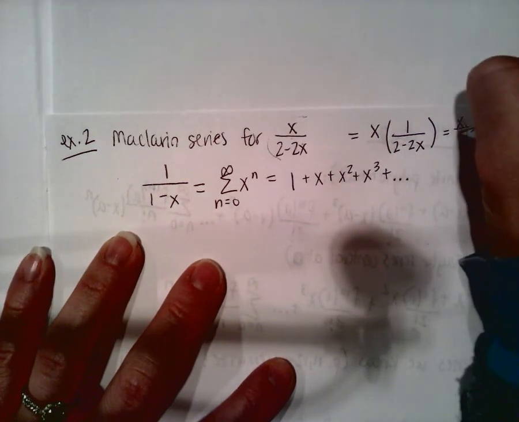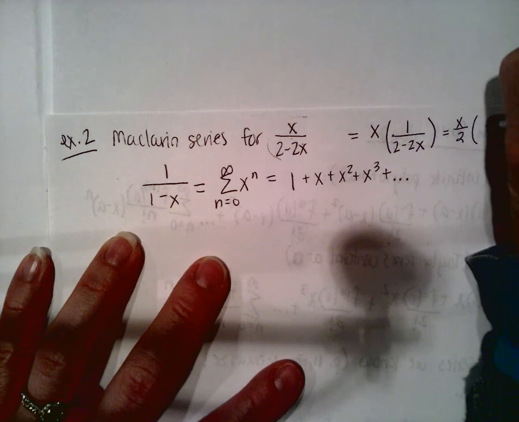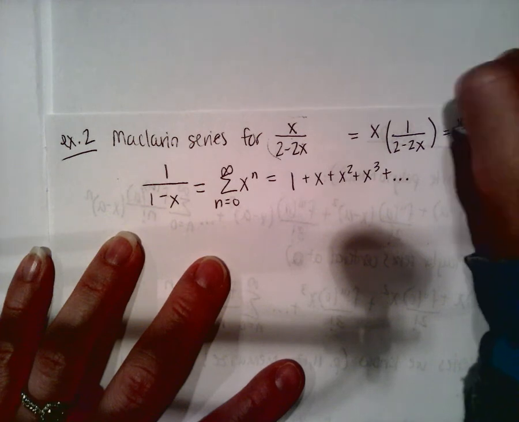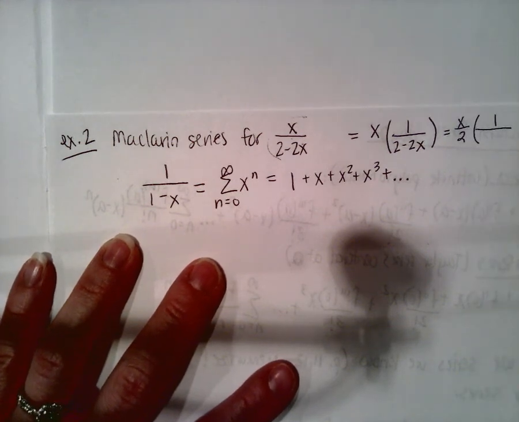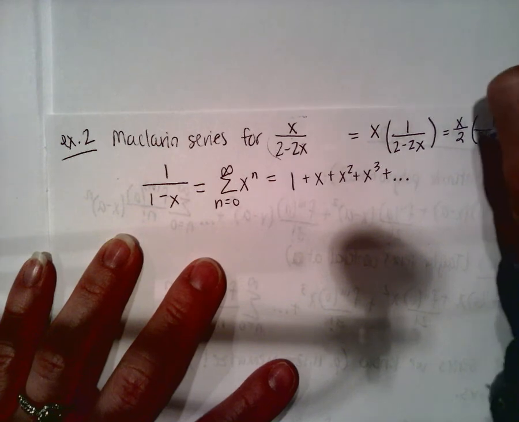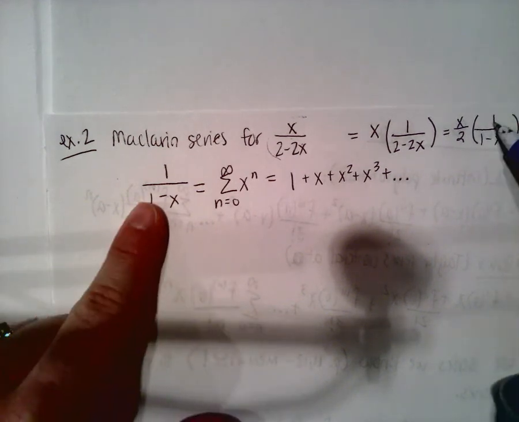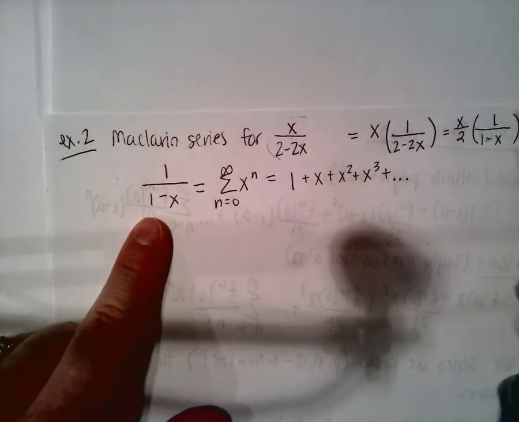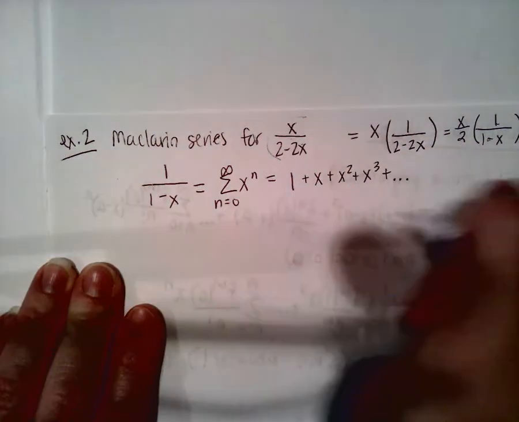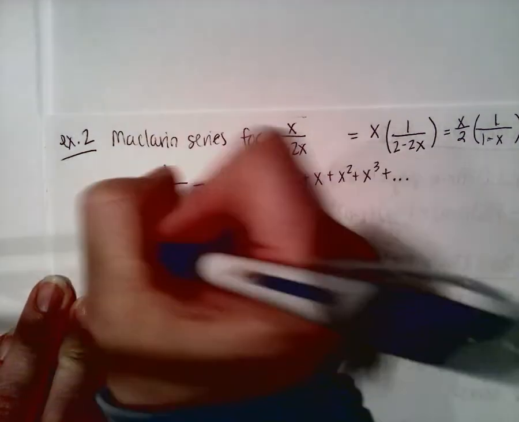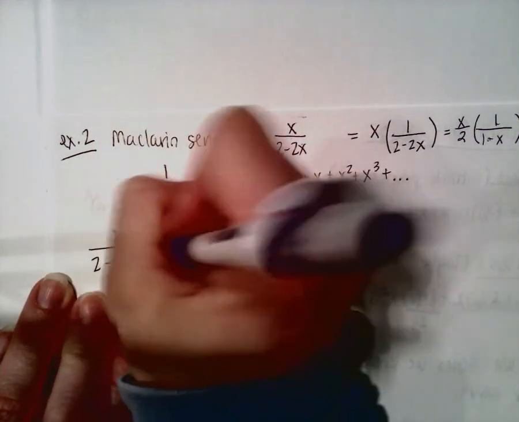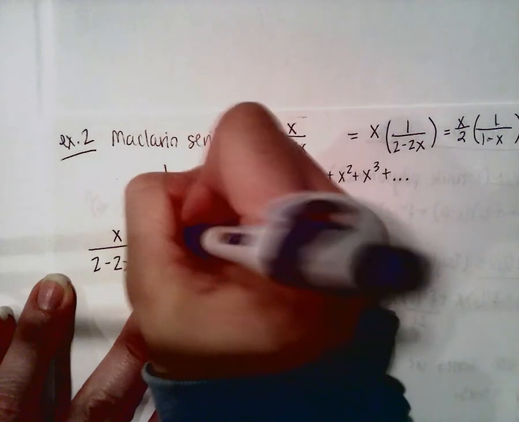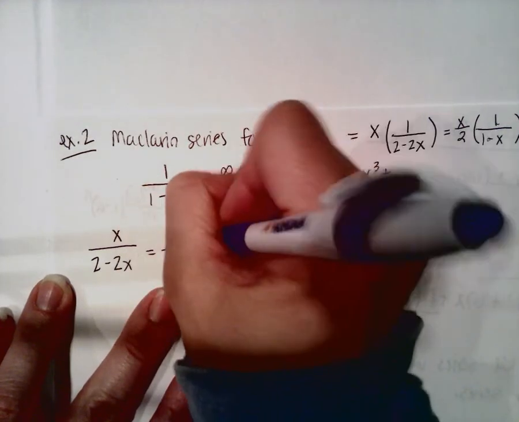So I have x on the top and a 2 on the bottom, and then on the bottom, I'm left with 1 minus x. Look, it matches, yay. Okay, so the series that I want to know, x over 2 minus 2x, is just equal to x over 2 times the series that I already know, 1 over 1 minus x.